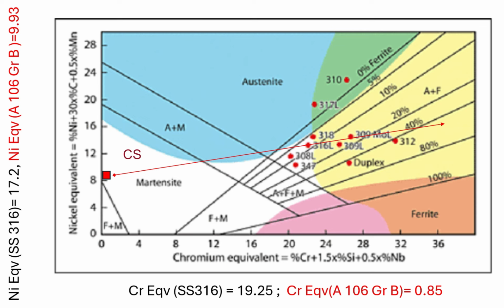So the electrode for SS316 and carbon steel will lie somewhere on this line, but certainly it will have delta ferrite and higher chromium and nickel equivalent.